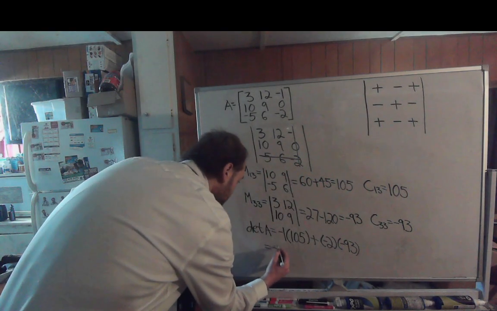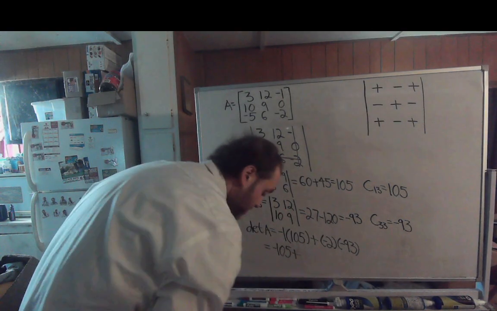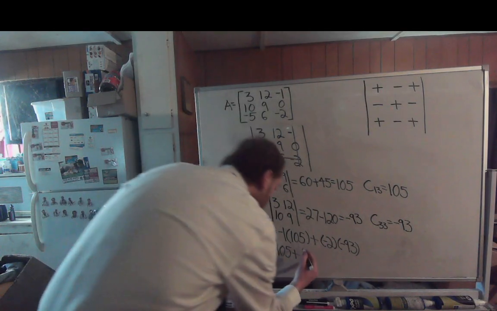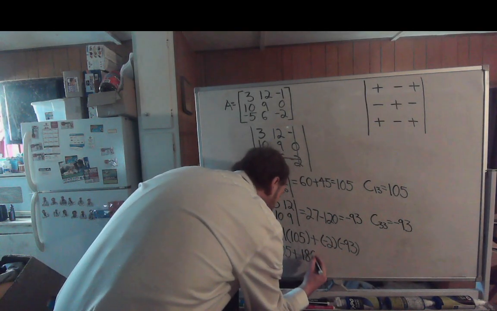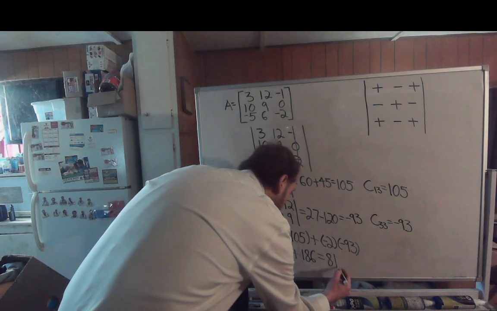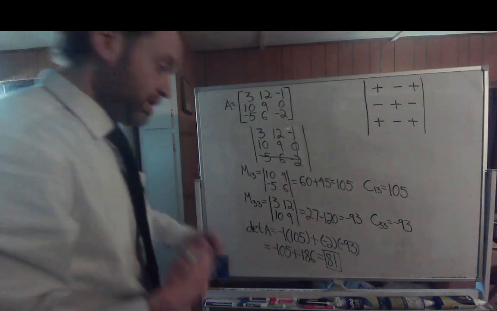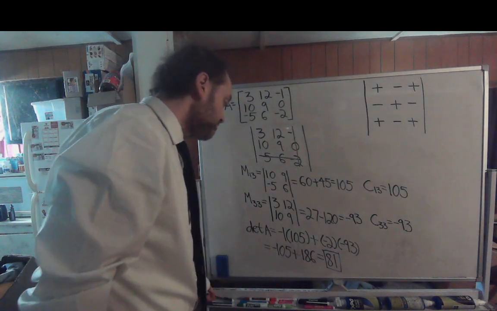So that would end up being -105. This would turn into plus since you have two negatives. That'd be plus 186, which would end up giving me a determinant of 81. So the determinant in this case for this matrix would in fact be 81.